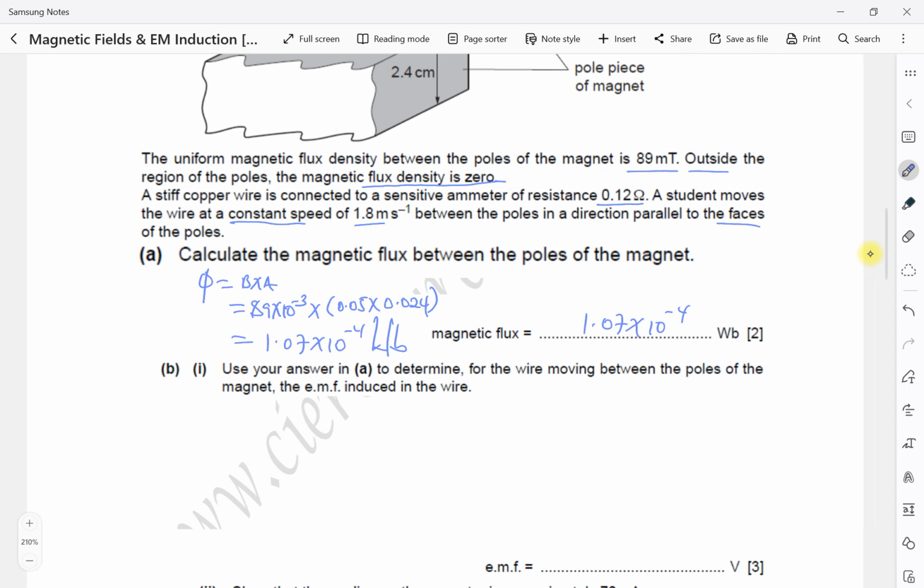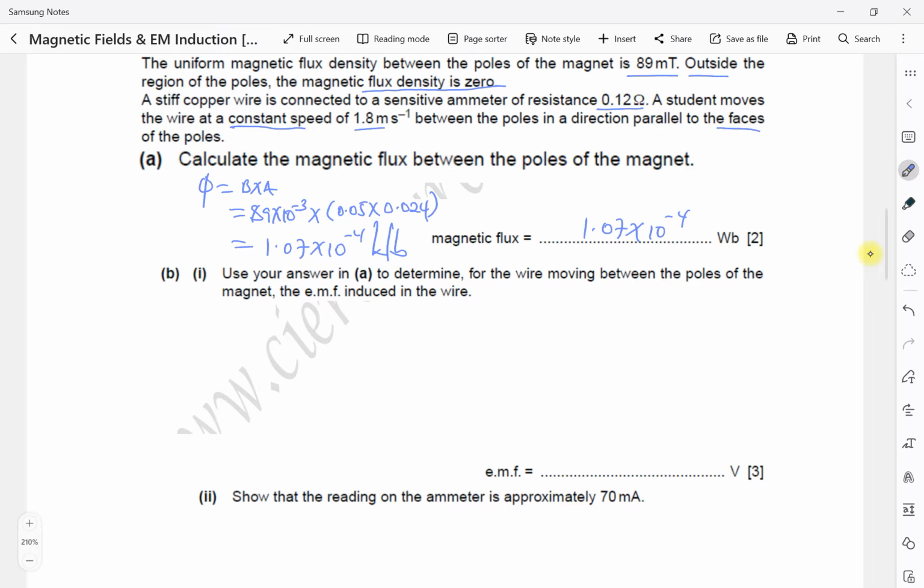Use your answer in A to determine, for the wire moving between the poles of the magnet, the EMF induced in the wire. Of course, EMF is equal to the rate of change of magnetic flux linkage. So EMF equals the rate of change of flux linkage.